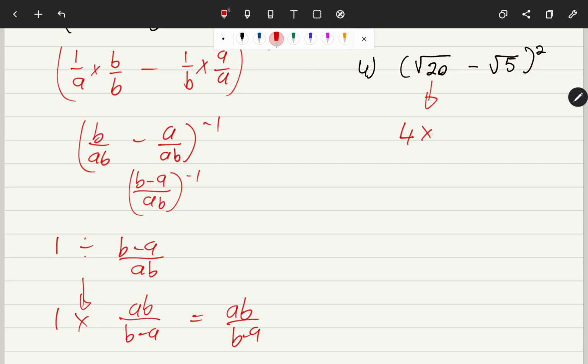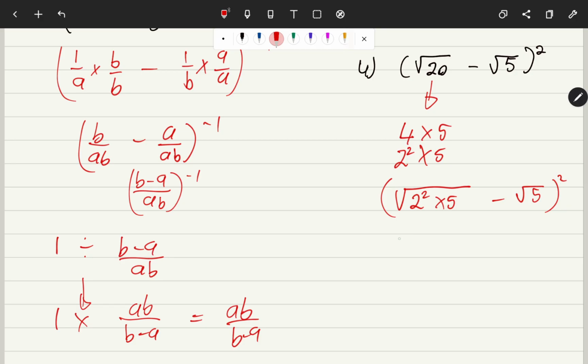You take 4, you multiply it by 5, you get 20, right? And from 4 you take 2 squared, you multiply it by 5, you get 20, right? So what can we do? Let's just say this is 2 to the power of 2 multiplied by 5, minus square root of 5, all to the power of 2.